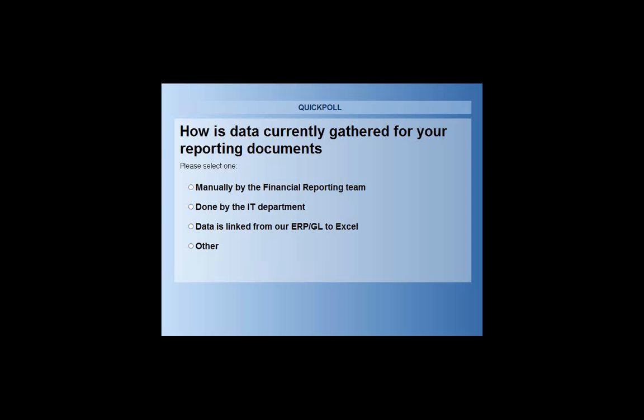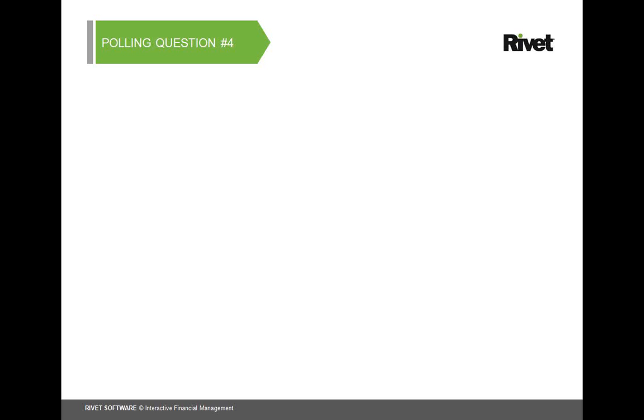The IT department, only 2%, and 24% have some type of link to an ERP or GL system, and 8% said other. Great. It's expected that the financial reporting team has a key role in pulling that information.